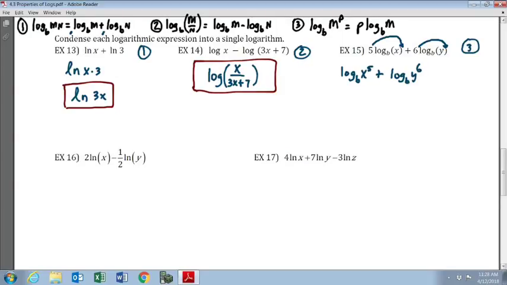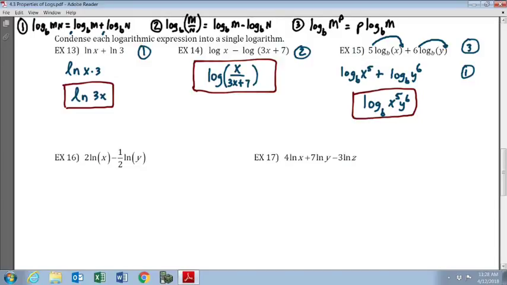We get the log base b of x to the 5th plus the log base b of y to the 6th. And now we do have the right form to use the product rule. So let's do that. We're going to get the log base b of x to the 5th times y to the 6th.